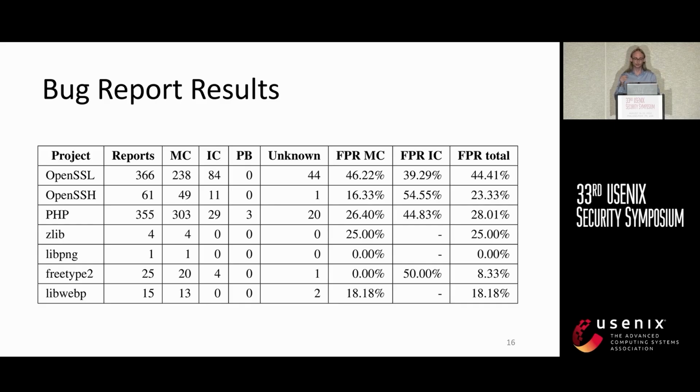So every time that pattern occurs, the second one is incorrectly marked as a missing check bug. Second highest false positive rate is for PHP, followed by zlib. All the others are below 25%. In practice, we noticed that it's relatively easy to go through the reports, even with a false positive rate of 25%, for example.